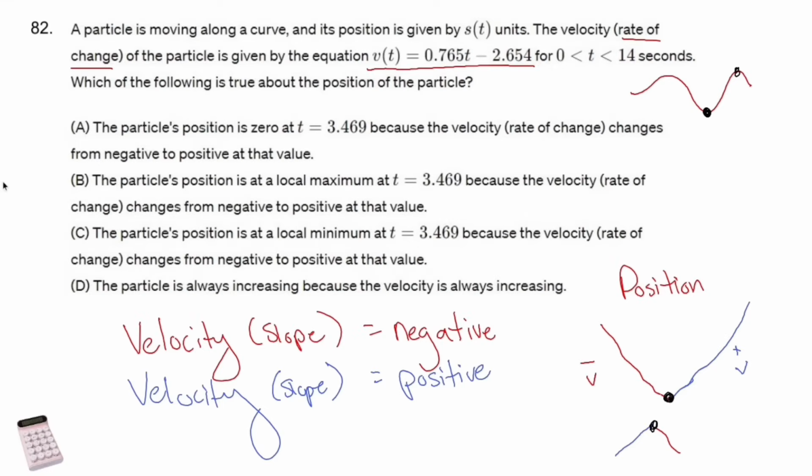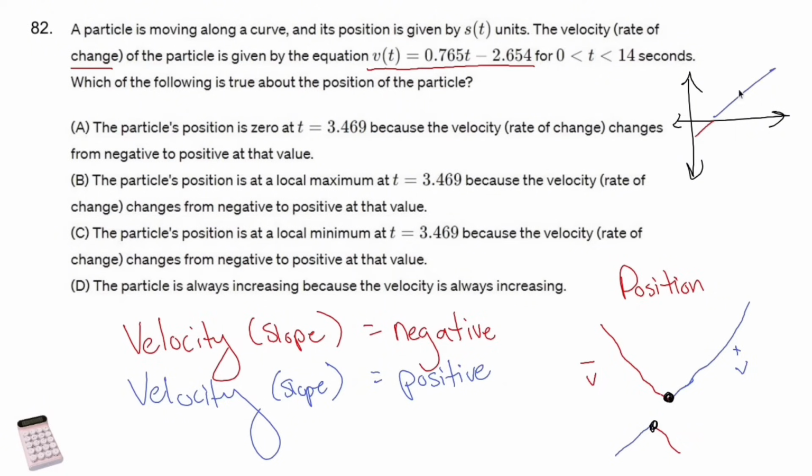So let's go back and try to diagnose what that means. As you can see from the multiple choice options, 3.469, the number that we saw in the calculator, is going to help us out. What we saw in the velocity graph in the graphing calculator is the slope went from negative to positive at that 3.469.